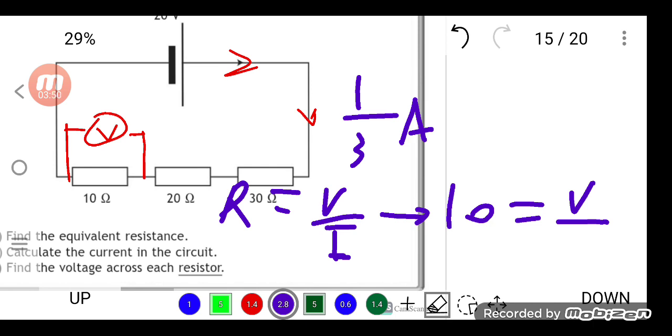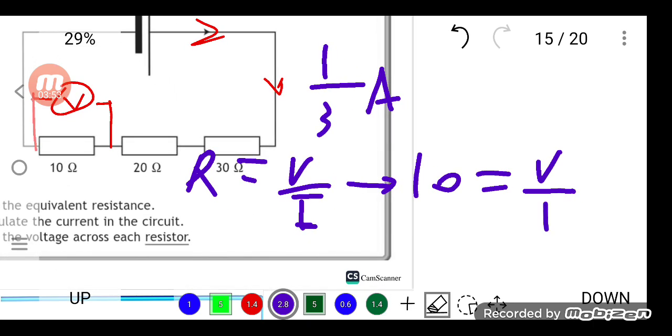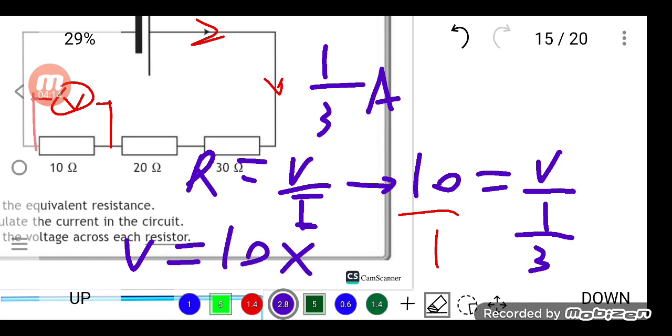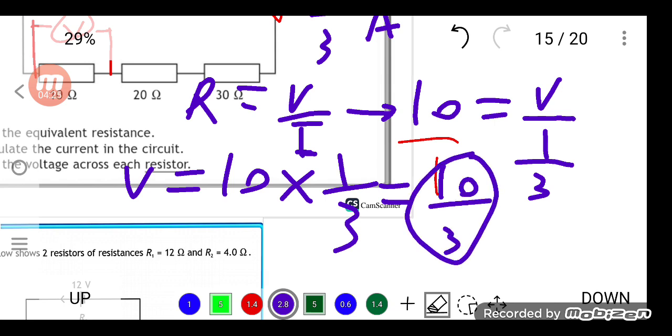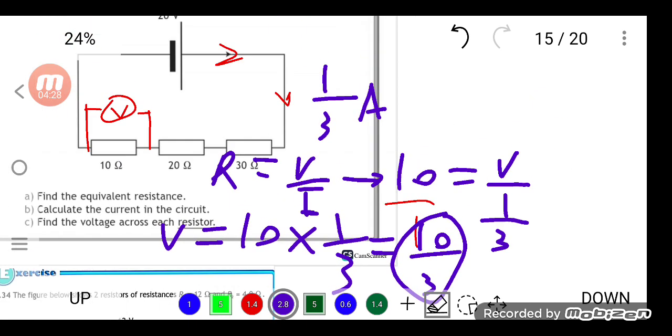The current is the same all over the circuit because it is series. So divide by 1/3. Now if you cross multiply like this, you get V is equal to 1/3 times 10. So V is equal to 10 times 1/3, and this will be 10 over 3. So 10 over 3 volts, that's the voltage across the first resistor.